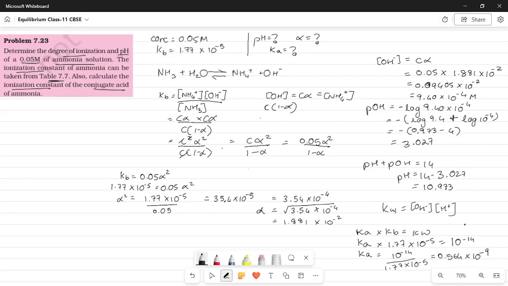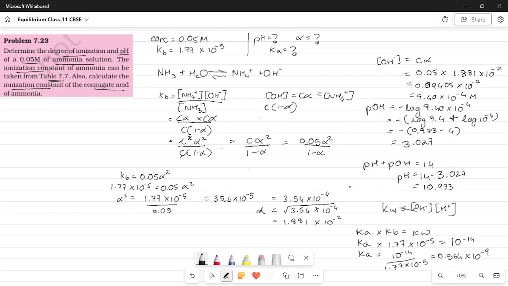Essentially, we used the relationship for ionization of weak bases to first calculate the degree of ionization, and from there we calculated the concentration of OH minus ions, then the pOH, and then pH plus pOH equals 14.